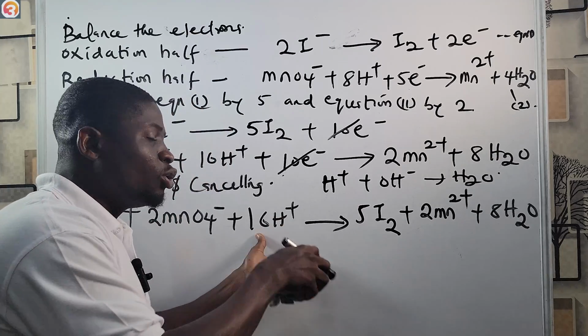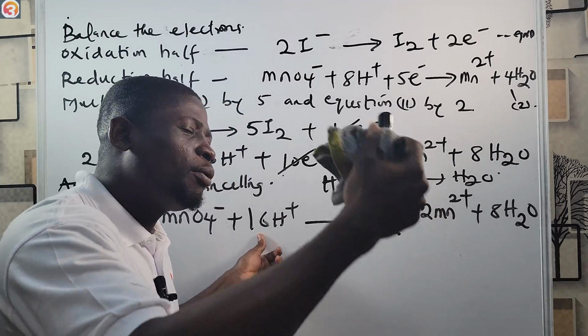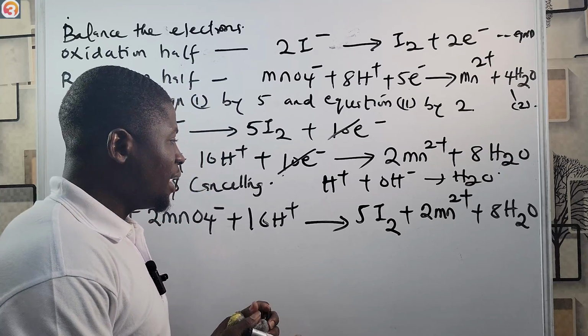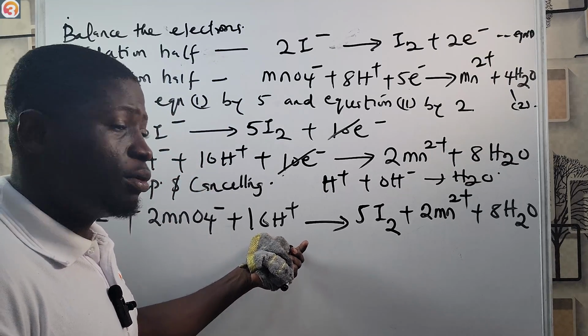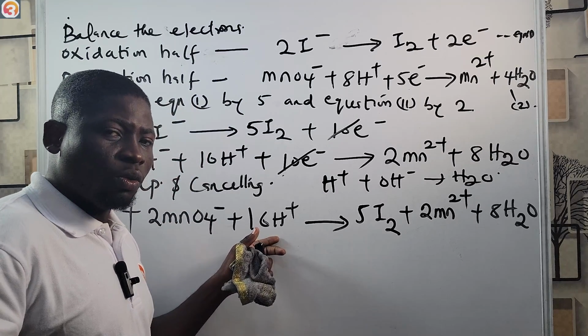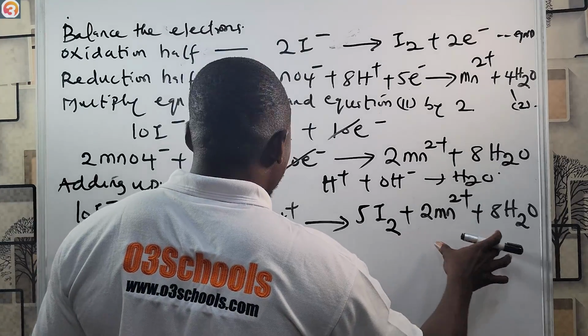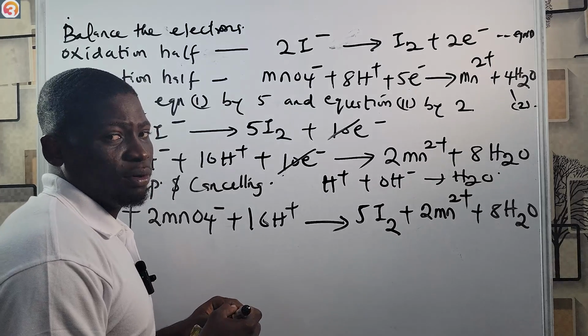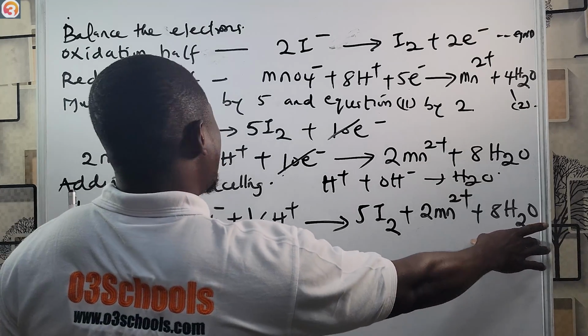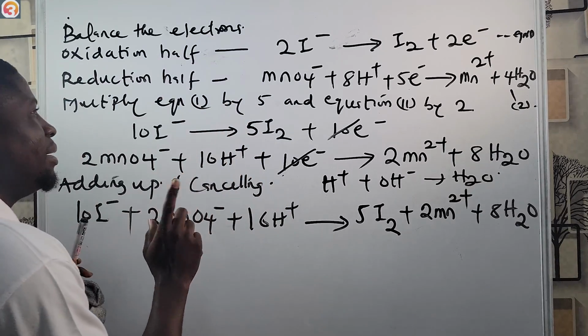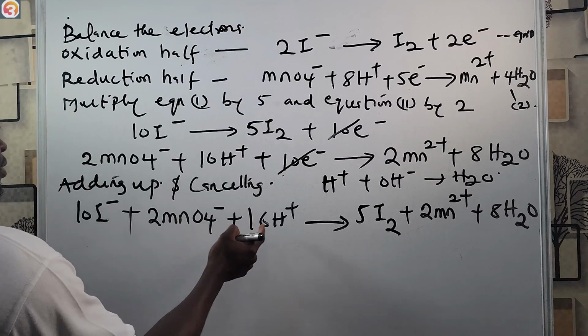So we need to turn the hydrogen ions to water molecules by adding the appropriate number of hydroxide ions. Since we have 16 H plus, we need 16 OH minus to turn it to water. We add on both the reactant and product sides. So while this equation is balanced for acidic medium, for the basic medium we add 16 OH minus.